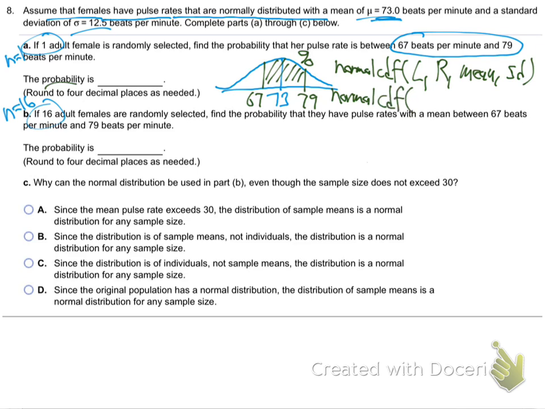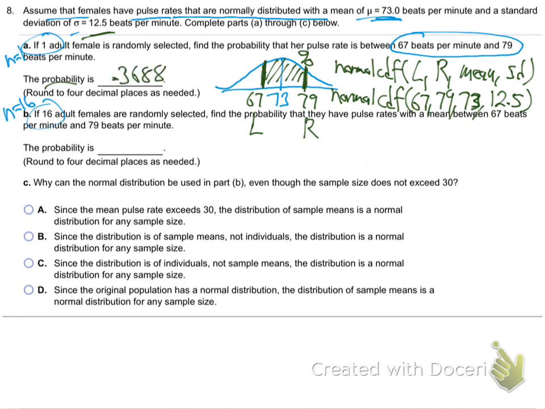Left edge is right here, right edge is right here. 67, 79. The mean is the number in the middle, 73. Standard deviation, they told me, is 12.5. Put that in, hit the buttons on your calculator for 8a, and you'll get 0.3688.